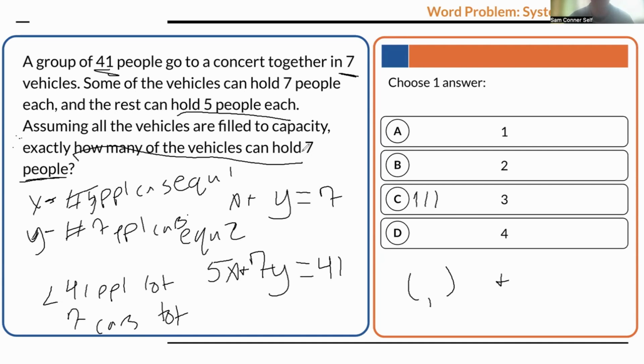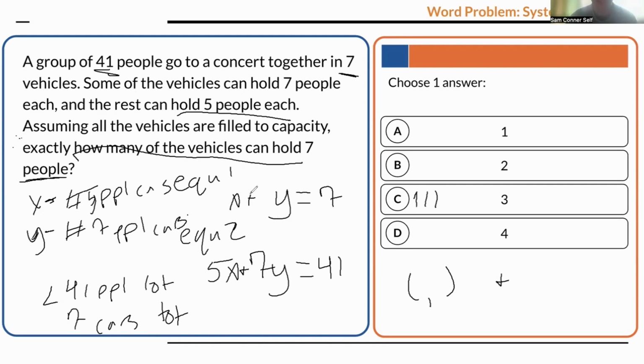They're asking how many of the vehicles can hold 7 people. And that's going to help us know how to solve this. If y is the number of vehicles that can hold 7 people that we're solving for, then we are going to want to solve for y.